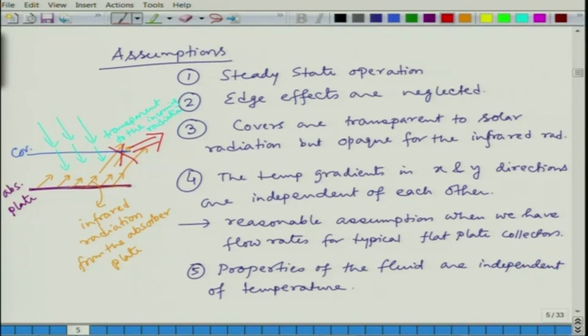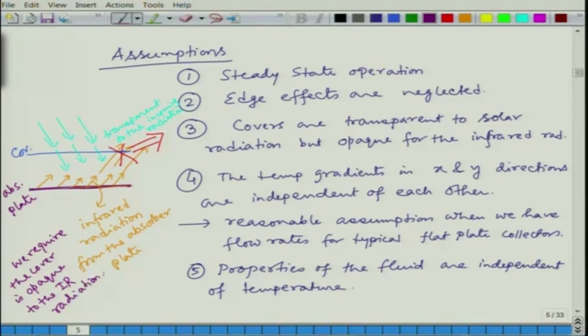The infrared radiation cannot go back into the ambient through the cover. So, that is why we require that the cover is opaque, that means it does not allow the radiation to pass through itself, opaque to the infrared, which is designated as IR radiation.